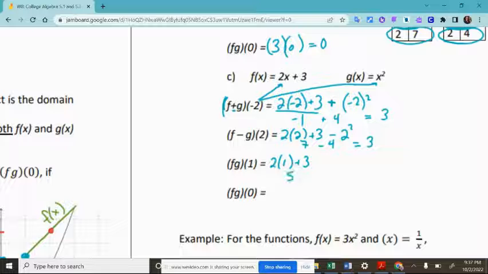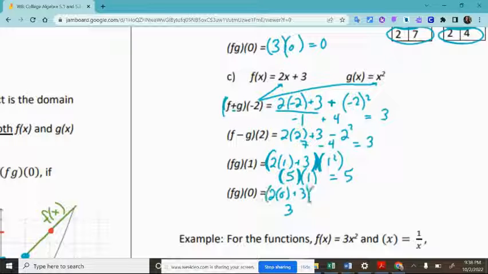Two plus 3 is 5 times 1 squared, 1, it's 5. 2 times 0 plus 3, we get 3. Times 0 squared, which is 0, we get 0.